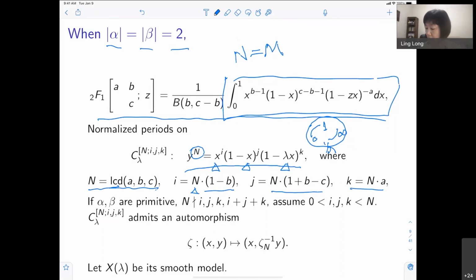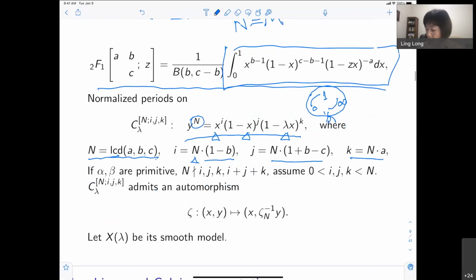Then this particular integral can be considered as a period on the corresponding very explicit unfold cover of CP1 ramifying at 4 points. And this curve, which is singular, we can actually consider its smooth model.